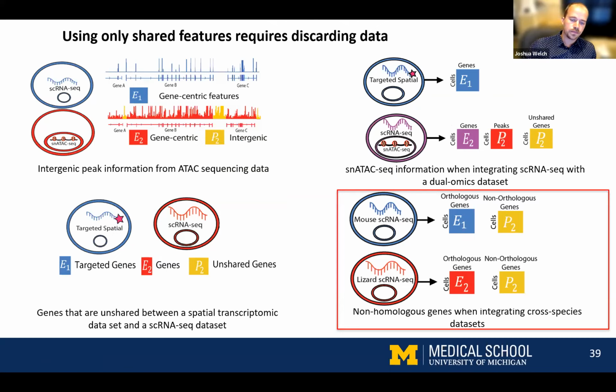And so existing approaches like Seurat or Harmony or Liger require you to use only the one-to-one orthologs when you're doing this analysis, but there can often be important genes within a species that define the difference among cell types, but do not have a clear one-to-one ortholog across species.